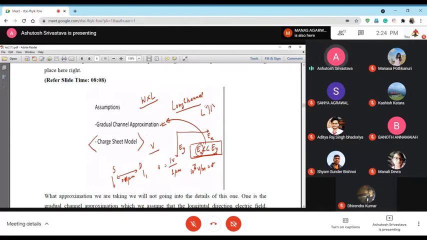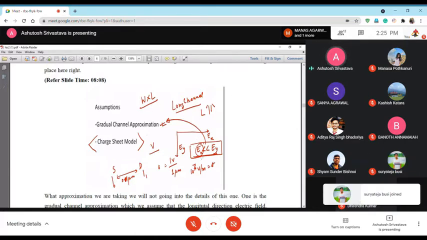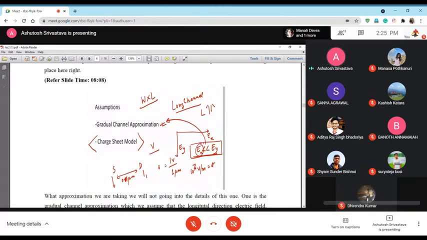When you have a long channel, that is, if you are talking about transistor dimensions around 0.25 micrometer and beyond, that is 0.5 micrometer or 1 micron channel length devices, it is known as the long channel, where the electric fields in the x and y direction are not playing much of a role.